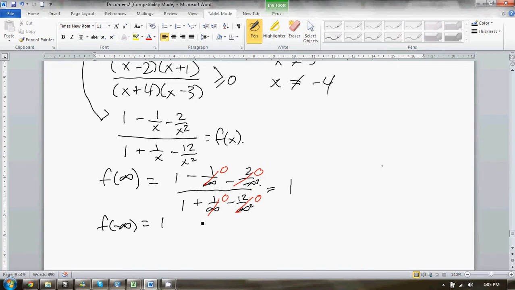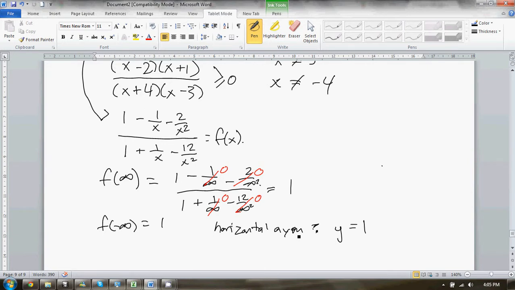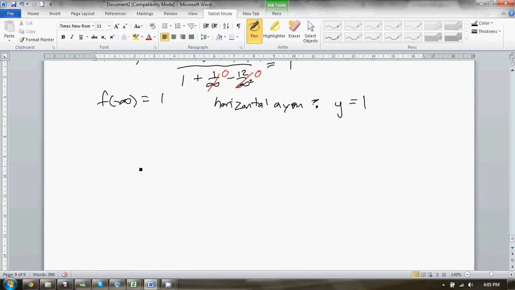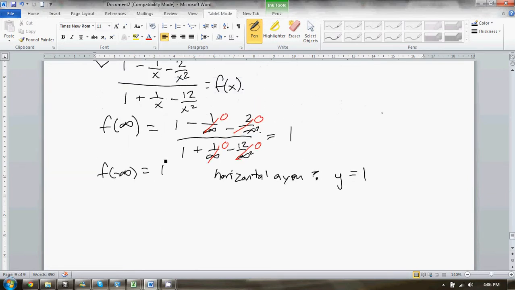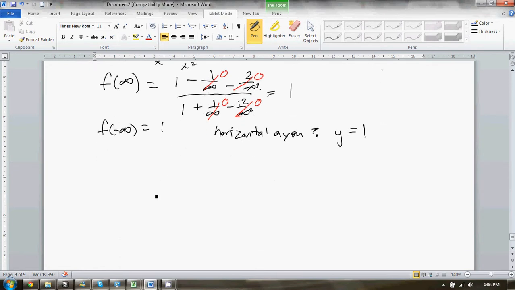So our horizontal asymptote is y = 1. Now we have to figure out for which intervals this function is positive or negative.